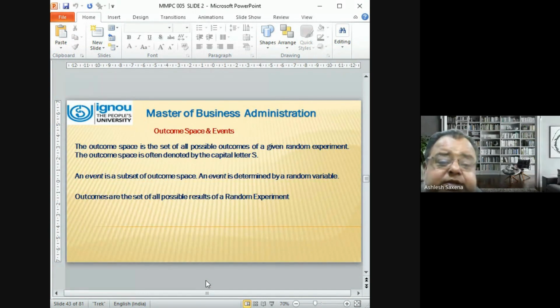Outcome space is the set of all possible outcomes of a given random experiment. The outcome space is often denoted by capital S, the sample space. An event is a subset of outcome space.